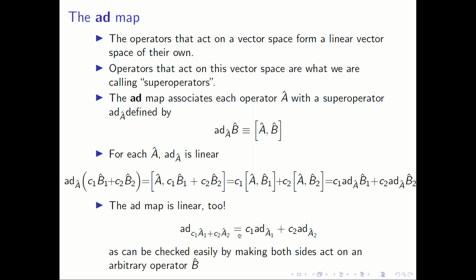Show that the effect of the left hand side, which is the commutator of c1 A1 plus c2 A2 with B, an arbitrary B, is the same as the effect of the right hand side. That's a very trivial property of the commutator again. So what we have seen is that for every A there is a superoperator ad A which is linear, and this mapping from A to ad A is also a linear mapping.